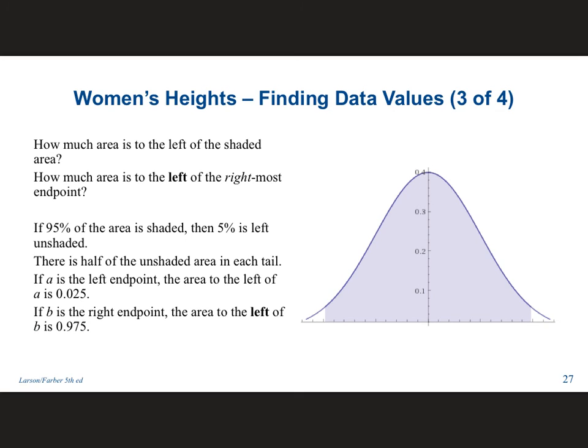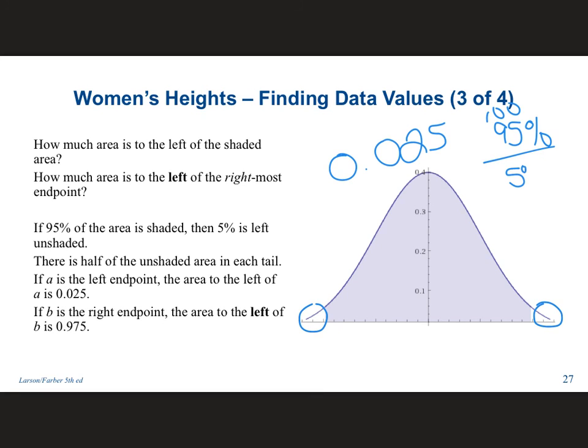If 95% of the area is shaded, then 5% is left unshaded, right? That's what these two total tails should be, a total of 5%. So then that means there's 0.025 in each of these tails, because if I'm talking about percentages, 100 minus 95, you get 5, and that's going to be 2.5%.